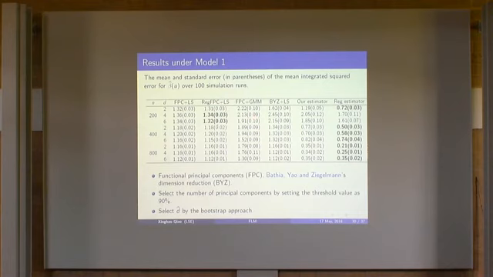And also we do the dimension reduction on the functional data, but we implement the JMM-type approach. And similarly, we can apply the Bathia, Yao and Ziegelmann paper's dimension reduction technique developed for curve time series, but with least squares. But our approach can be summarized as applying this Bathia, Yao and Ziegelmann method plus the JMM. So our approach can be considered as BYZ plus JMM.